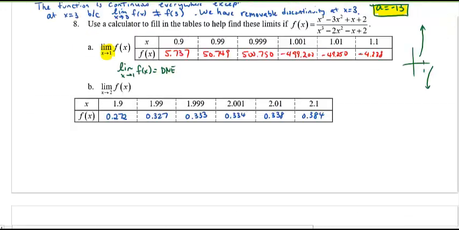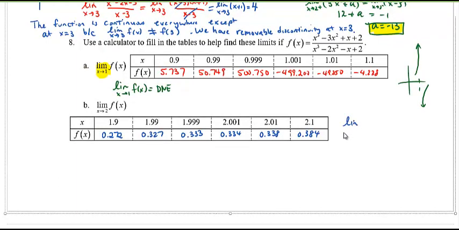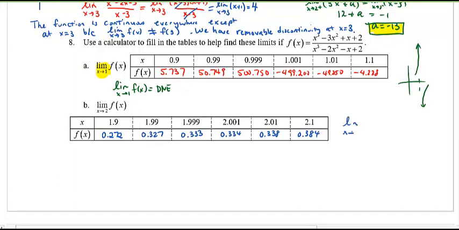Did you say that the limit here as x approaches 2 of the function equals perhaps 0.333 or 1/3? If you did, that's great.